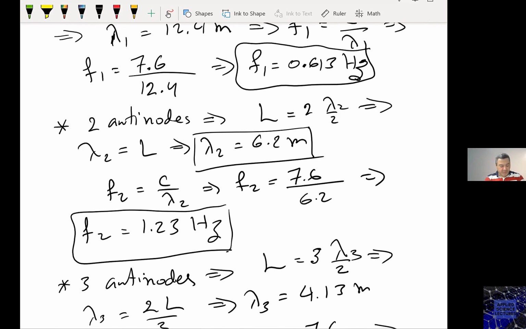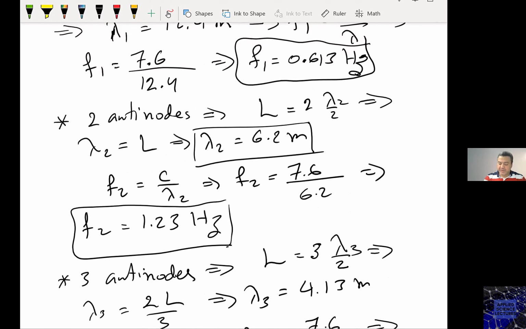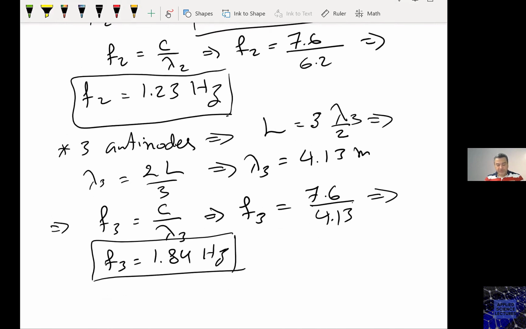If you multiply it by 2, it's going to give you 1.226, which is 1.23 hertz, the next harmonic, the second harmonic. Now, if you multiply this fundamental by 3, 0.613 times 3 is going to give you the 1.84, which is the third harmonic.